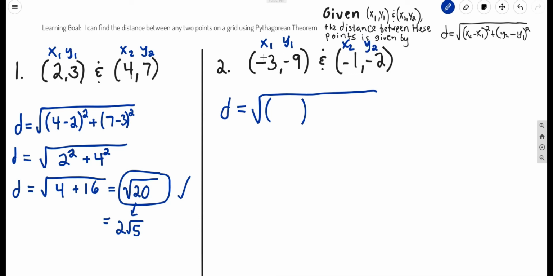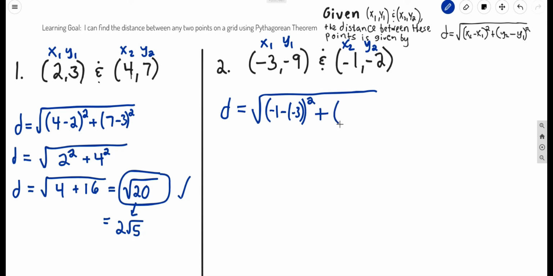So x1's -3, y1's -9, x2's -1, y2 is -2. For this formula we need to take x2 minus x1. That's -1 minus -3. Notice I put parentheses around the negative. Those are very important. And then I square that.